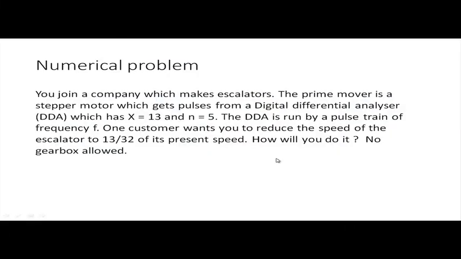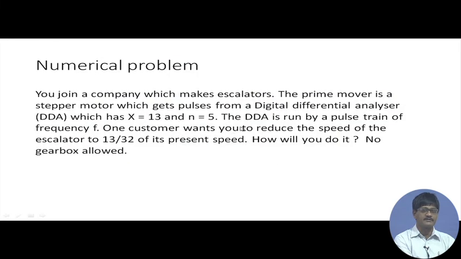This was one of the problems which I wanted to discuss in the previous class. I am going to leave this to you. Let me read out the question. You join a company which makes escalators. The escalators are being made where the prime mover is a stepper motor which gets pulses from a digital differential analyzer.